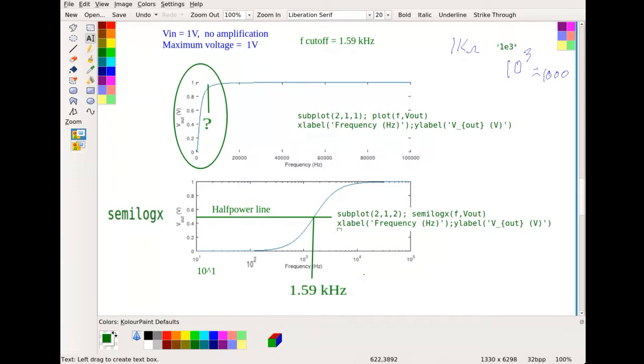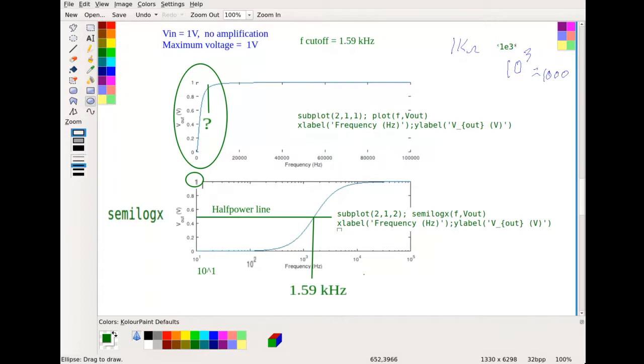This is the half power line, because this is 1, my direct feed through up here, and this is 0.5, half of that. That is where the cutoff frequency is.